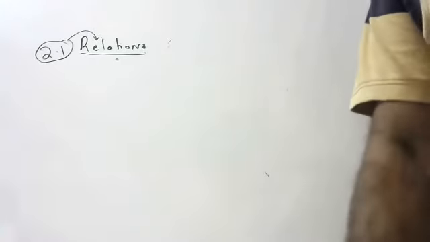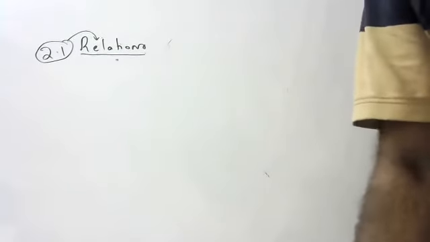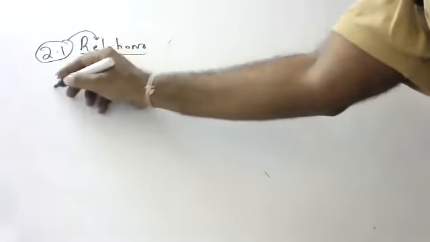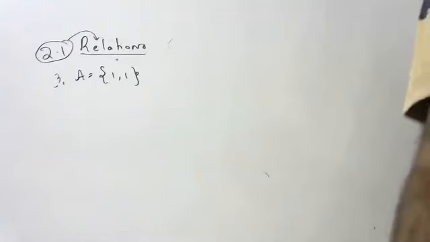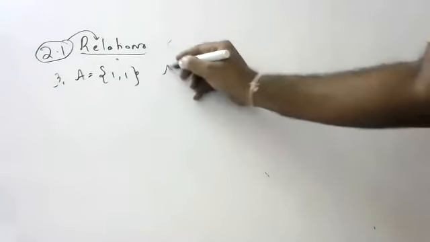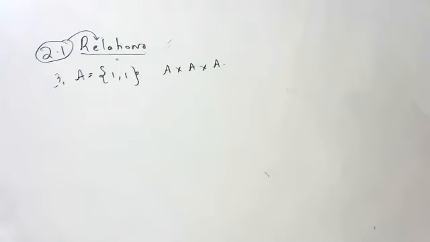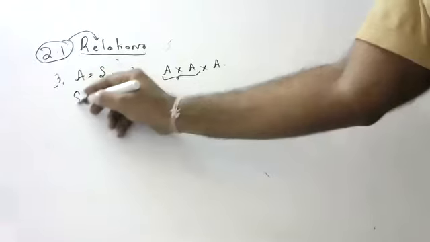Children, in the third question, A is equal to {-1, 1}. Then he's asking, what is the value of A cross A cross A? First you do A cross A, children.